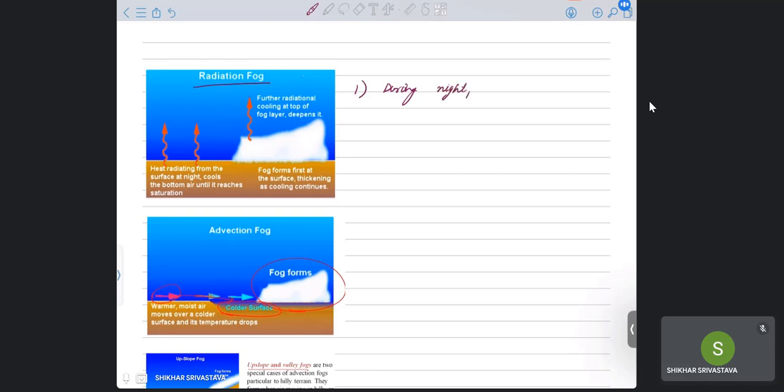there is no sunlight, first thing, and Earth emits heat in the form of long wave radiation, because we studied in the first class that if we consider Earth as a black body at temperature 288 Kelvin, it emits radiation.